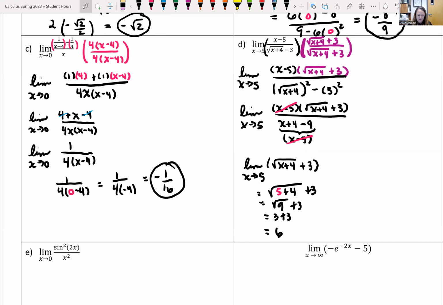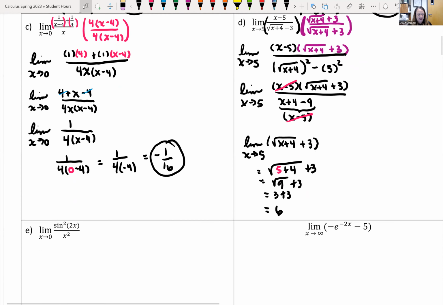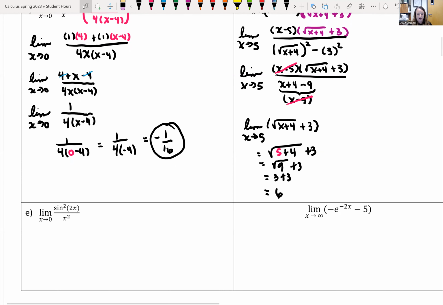So now we have part E, the limit as x approaches 0 of sine squared of 2x all over x squared. So I want to use the fact that if we have some limit as x is approaching 0 of sine of some argument, let's just say ax, all over the same thing as our argument for sine, ax, we saw that this was equal to 1.